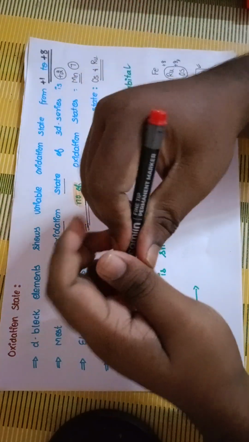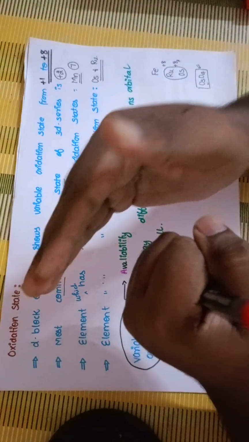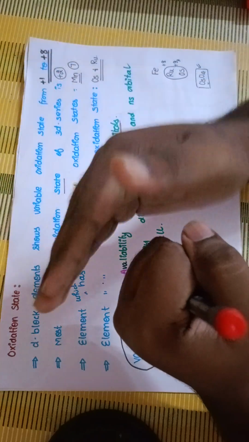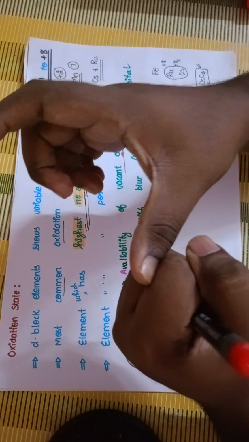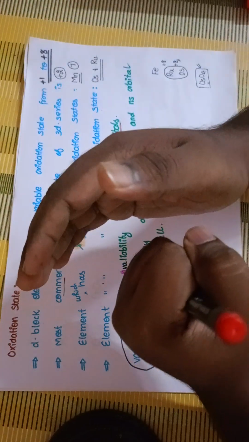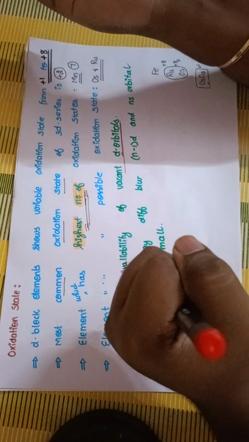Electrons in the d orbital can easily escape from the atom, whereas electrons in s and p are bound towards the nucleus. The force of attraction between the nucleus and s and p electrons is very strong compared to d. So the electrons in d can easily escape.